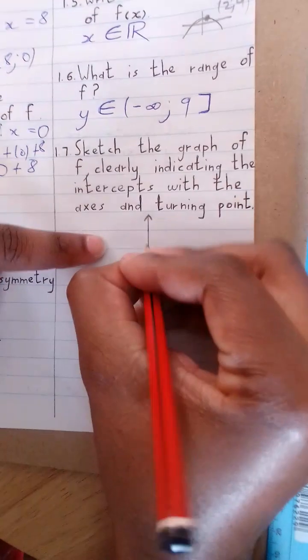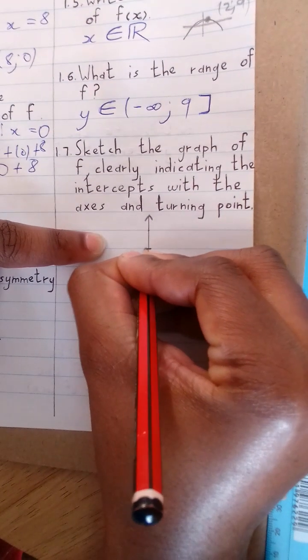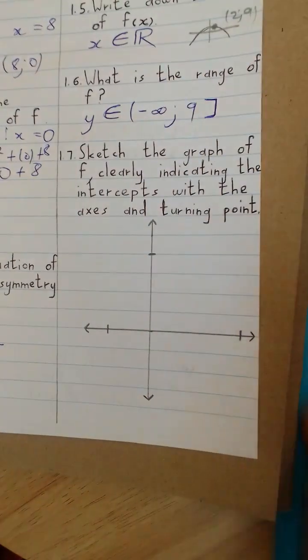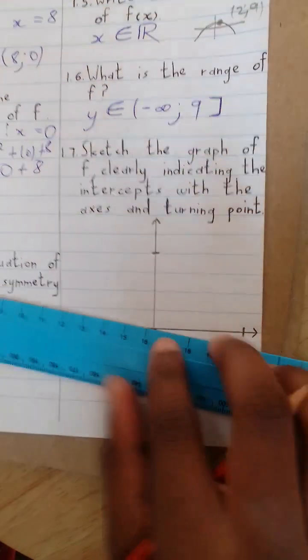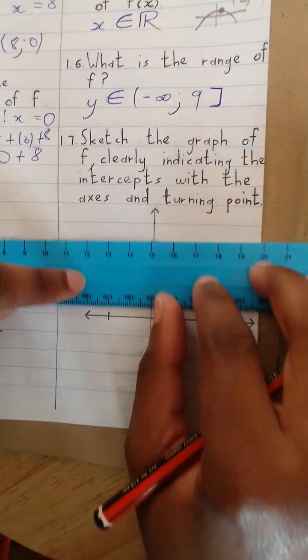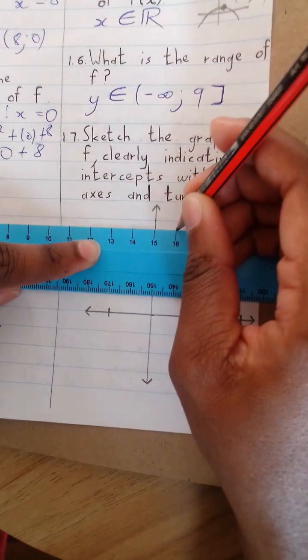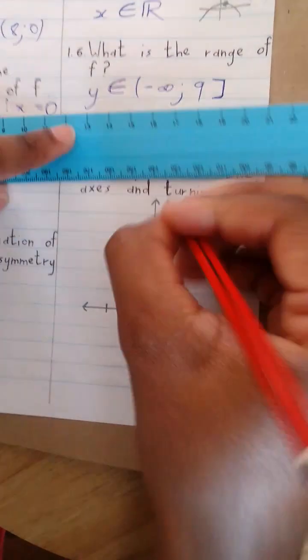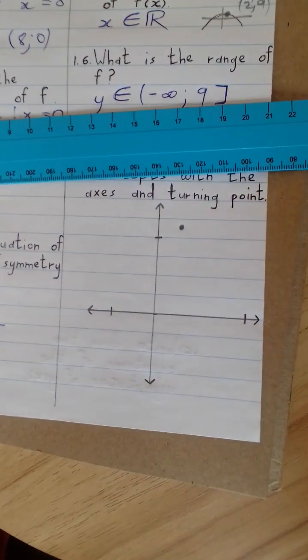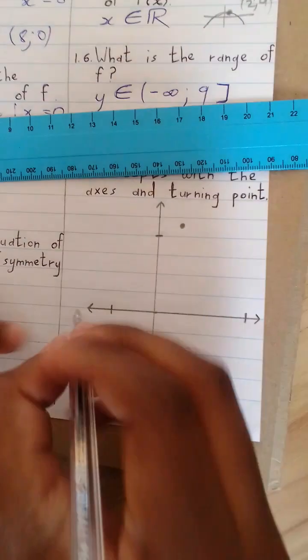Okay, let's put it here. Then the turning point 2 and 9. So let's put it. Forgive me, I'm sort of a perfectionist. So let's write our values.